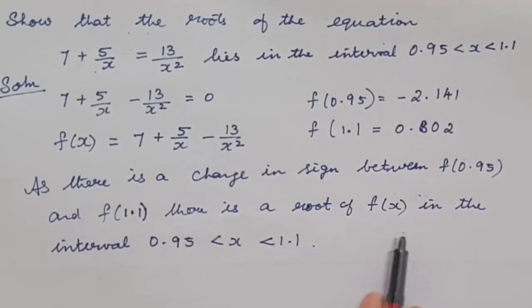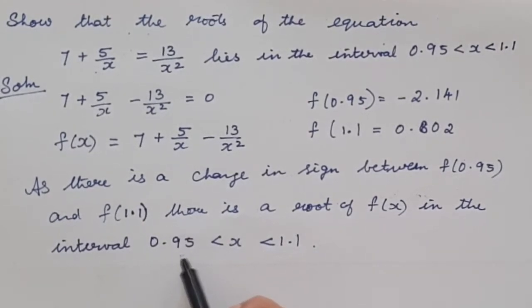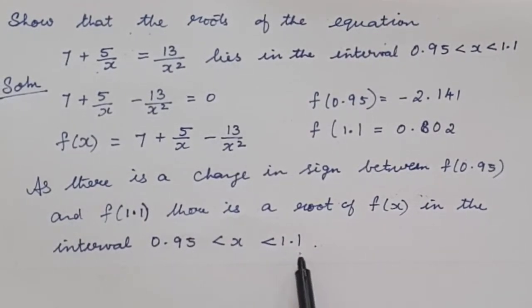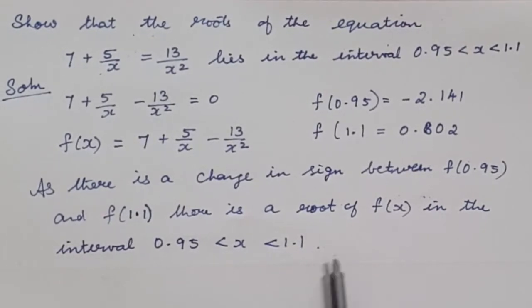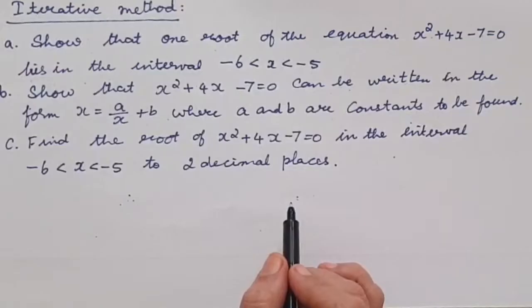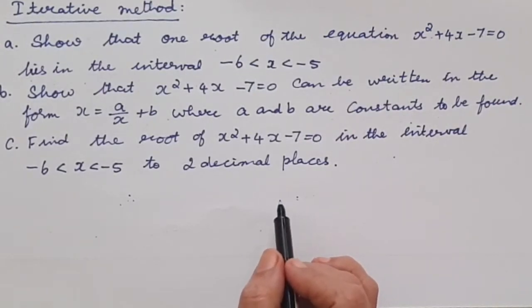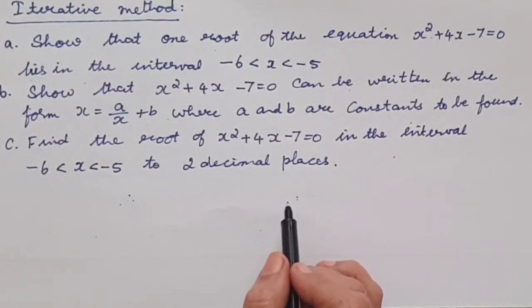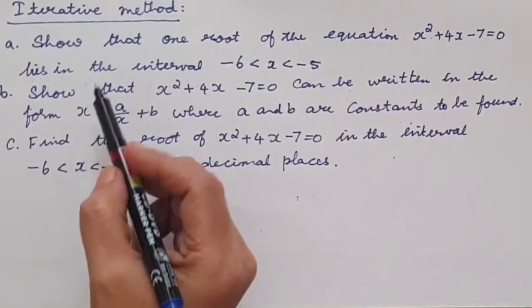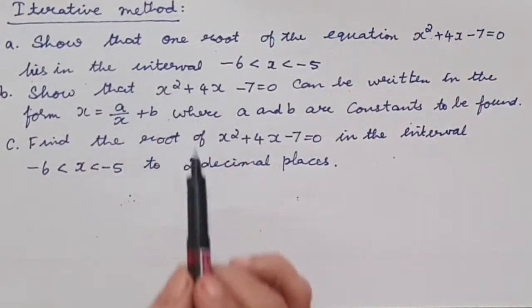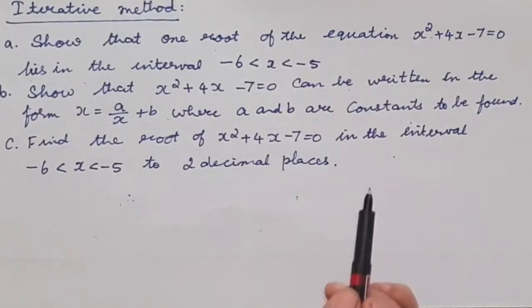There is a root of f of x in the interval 0.95 less than x less than 1.1. So we have shown that there is a root in the interval. In the first two questions, we have found how to check whether there is a root present in the interval. Now this iterative method is used to find that particular root in the given interval.